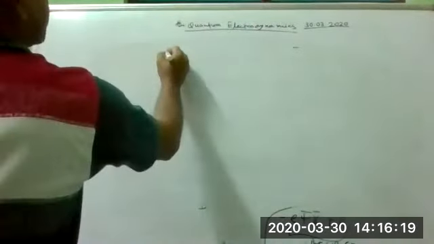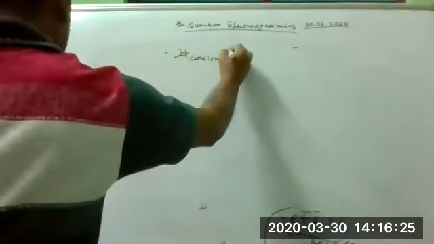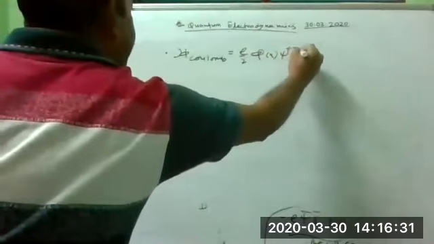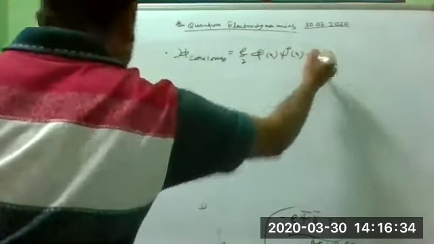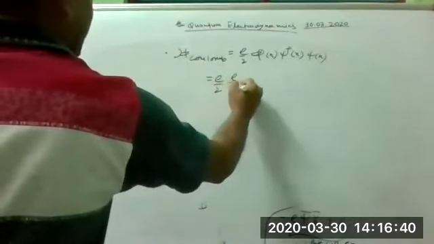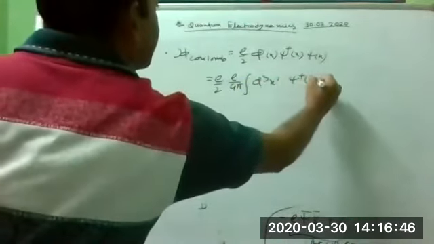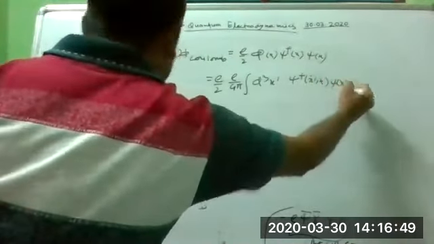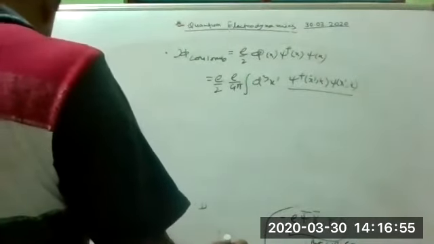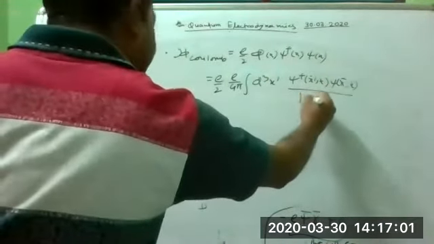So therefore, H Coulomb equals e by 2 phi of x psi dagger of x psi of x, which is equal to e by 2 times e by 4 pi integral d³x prime psi dagger of x prime, t psi of x prime, t, psi dagger of x, t psi of x, t, divided by the modulus of x minus x prime.